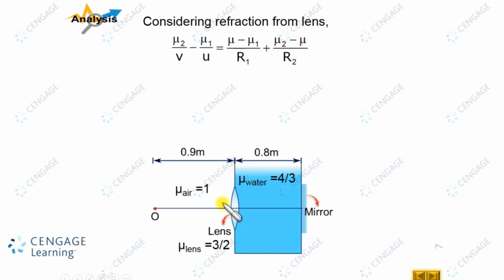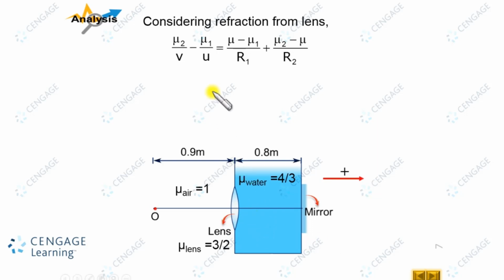Here mu1 is the refractive index of the medium from where the ray approaches the surface, just before interacting with the surface. So mu1 is equal to 1, and u here is equal to minus 90 centimeter, and mu2 is equal to 4 by 3, right? So mu2 equal to 4 by 3 and mu equal to 3 by 2.